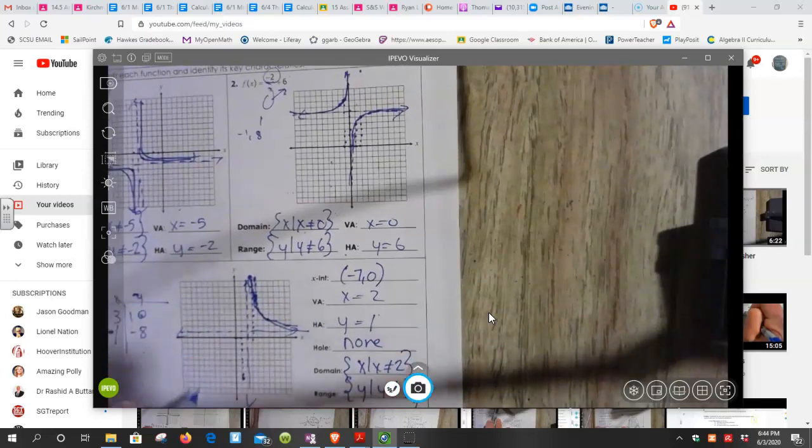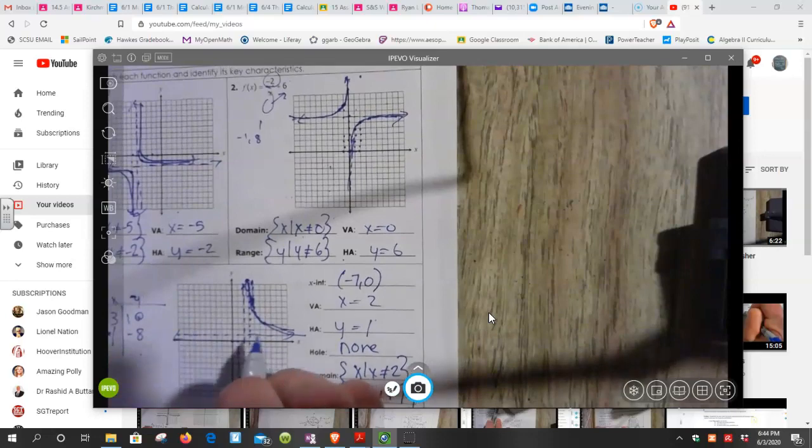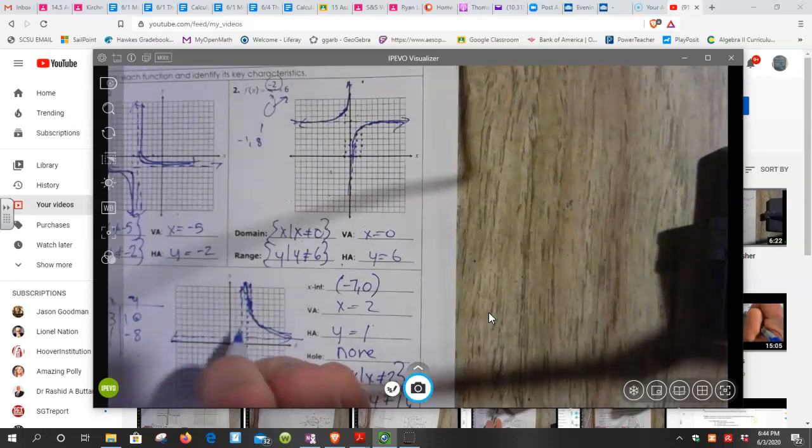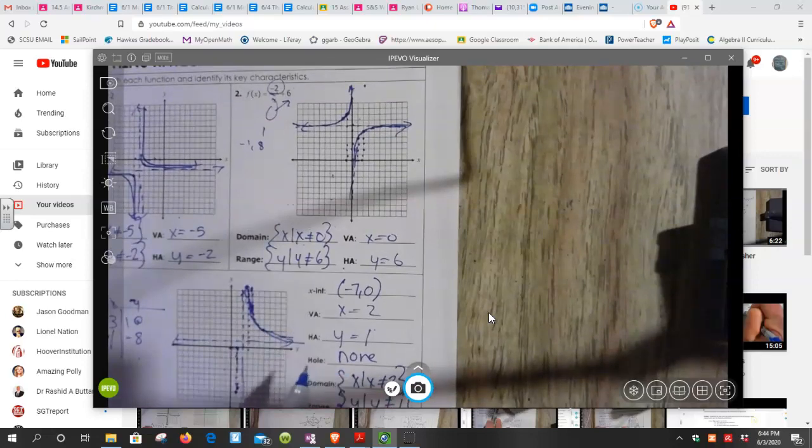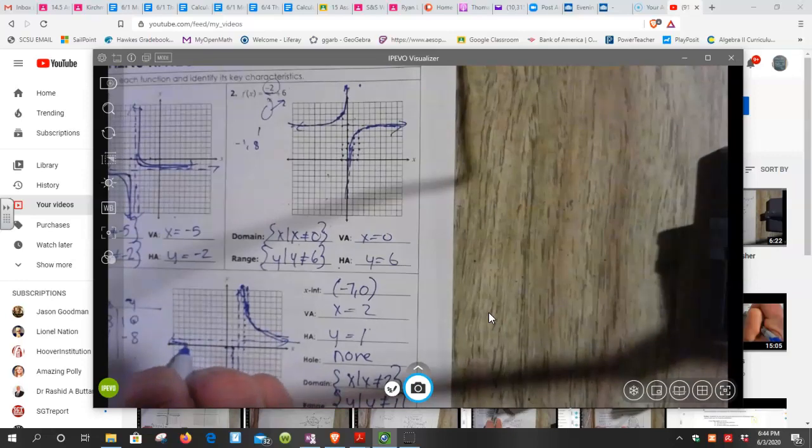So you take your graph and it'll look like this.